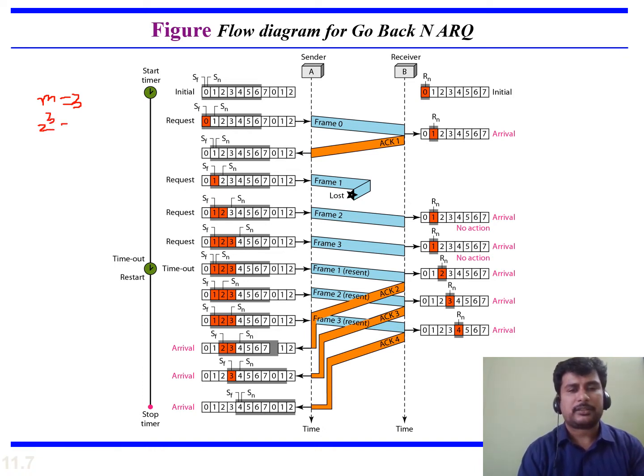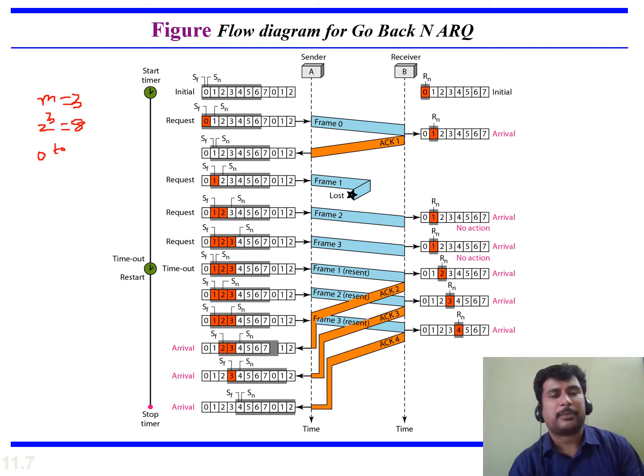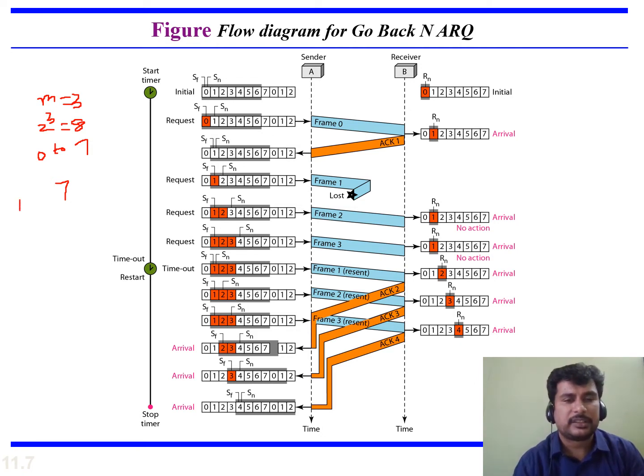So you can have 8 values starting from 0 to 2 power m minus 1, which is 8 minus 1, that is 7, and the size of the window here is 7. The total window size is 7. This you can refer to with a variable SW, which indicates the size of the sender window.